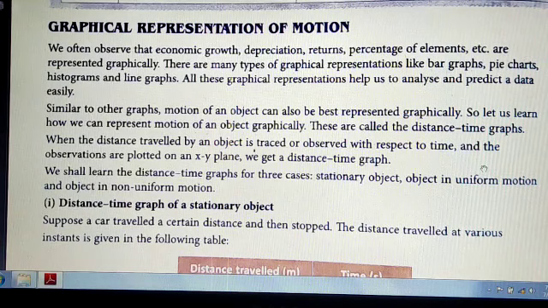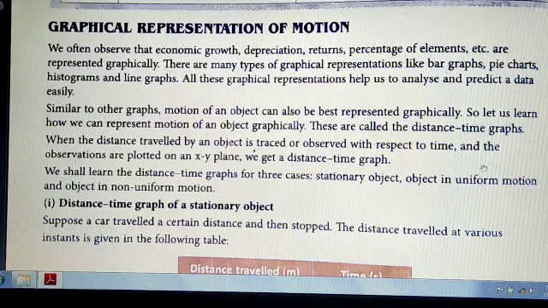So in the beginning of the chapter we had read about motion and different types of graph. So in maths also you have read different types of graphs like bar graph, pie charts, histogram and line graphs. So motion is also represented graphically and this is known as distance time graphs.